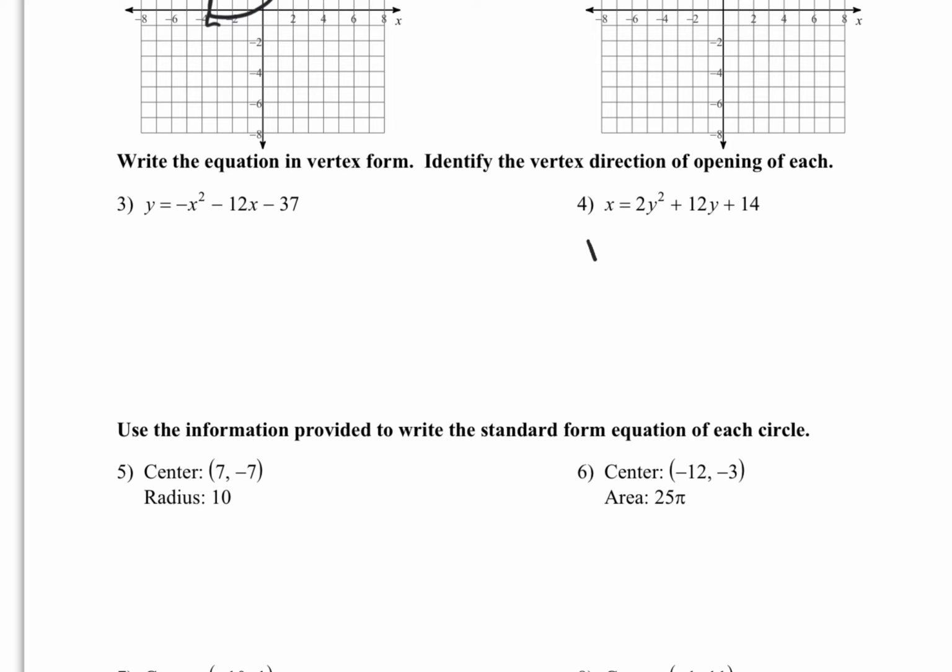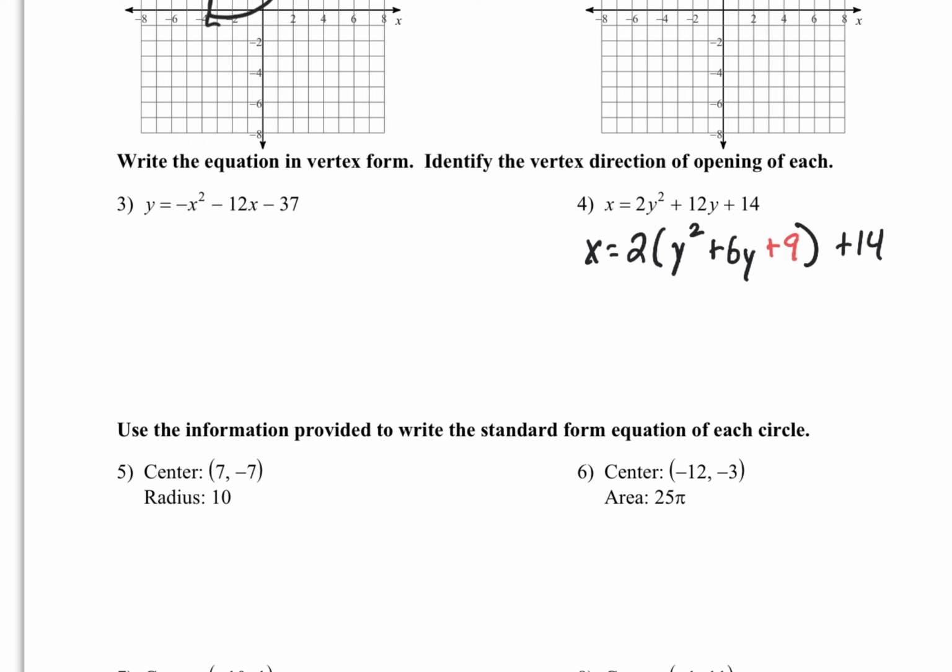So we're going to go x is equal to, we're going to factor out a 2 out of the y squared and the y. Because this is the part of the square that we need to complete. To complete that square, then, we have to add in what? 9.